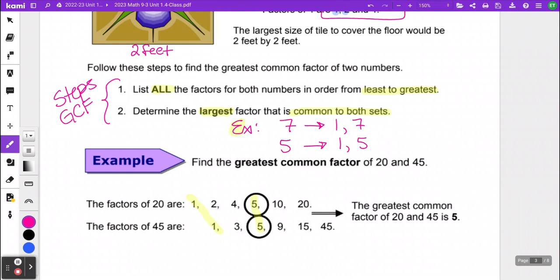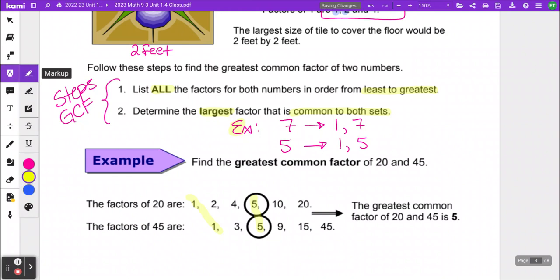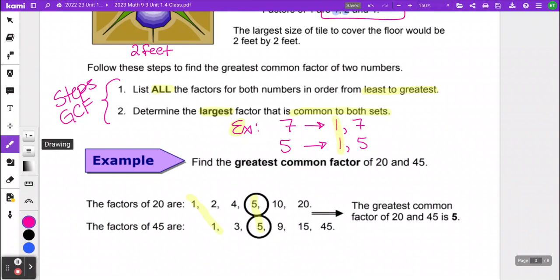Well, whenever you get only the digit 1 as a common number, we would say there is no GCF except the digit 1, and 1 will divide into every number. So if the only thing you can circle the same is a 1, then there's no GCF. Okay? So no GCF if number 1 is the only identical number.